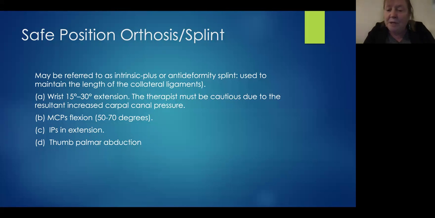And the reason we do that is to maintain the length of the collateral ligaments at each of these joints, at your MCPs, your PIPs, and your DIP joints. Very, very important to know. And in your book, I believe it's chapter 6, we talk about burns, and you need to know that chart on burns and the different anti-deformity positions.